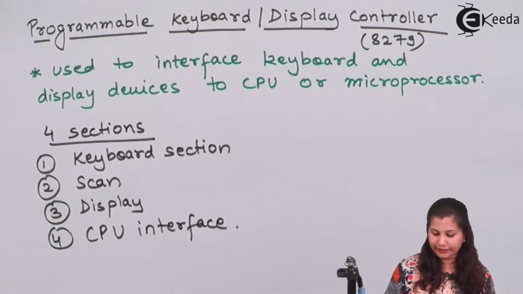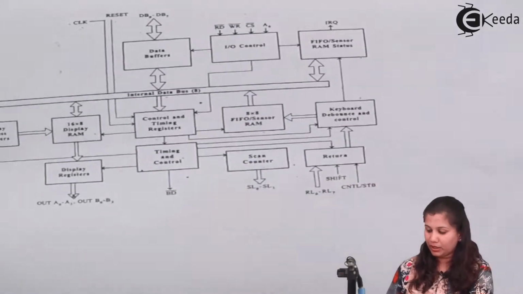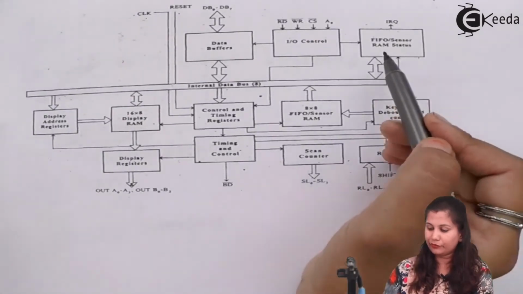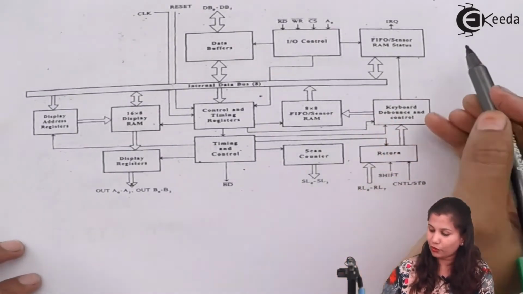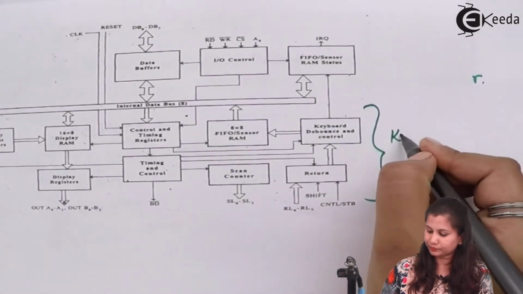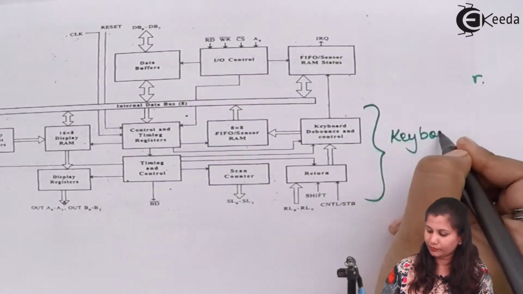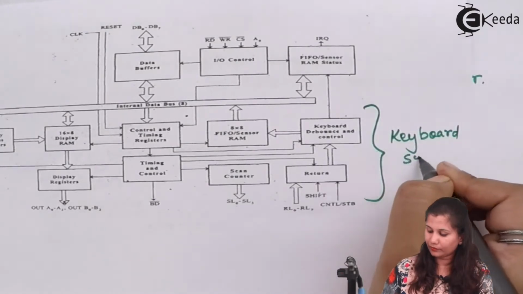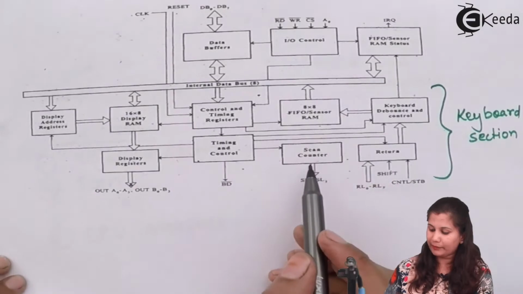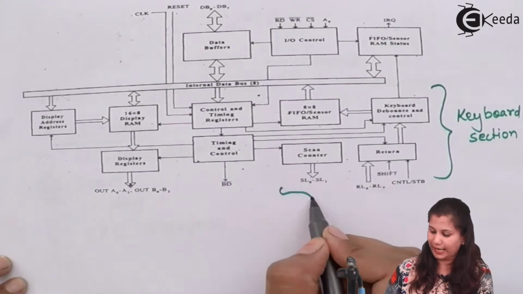So in the block diagram, the keyboard debounce and control, return and FIFO sensor RAM status forms the keyboard section. Then we have the FIFO sensor RAM and scan counter. This is the scan section.